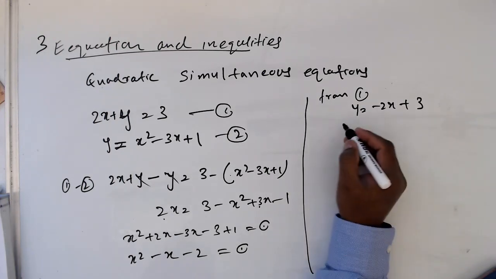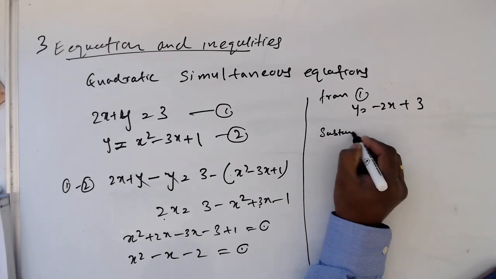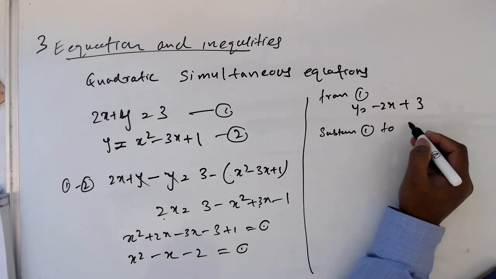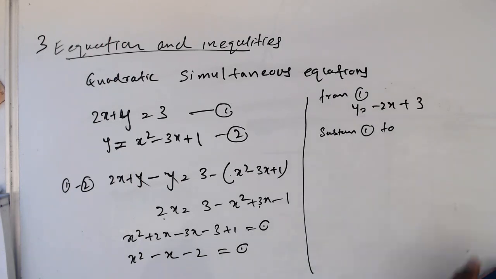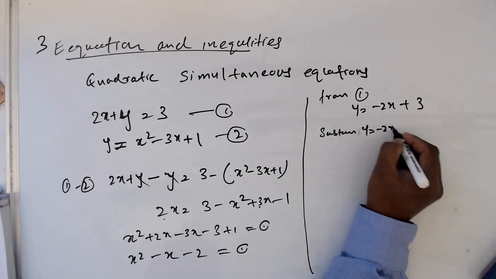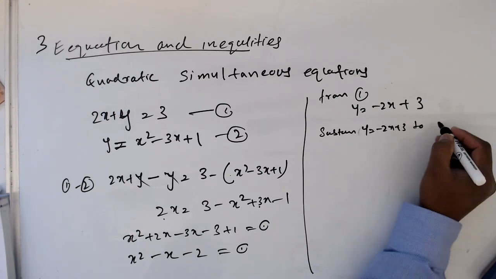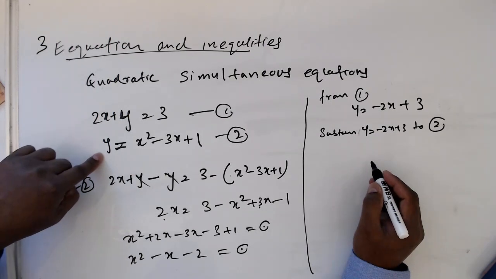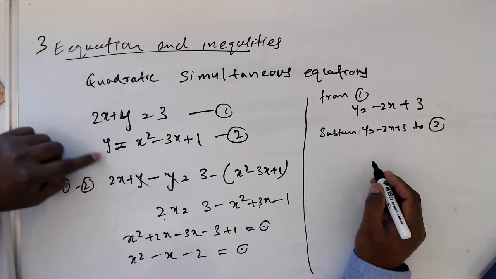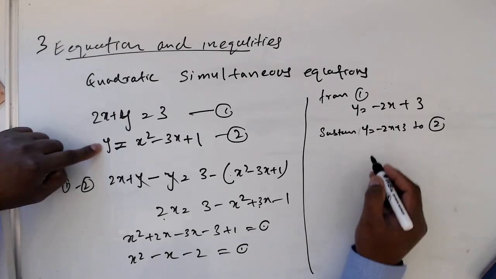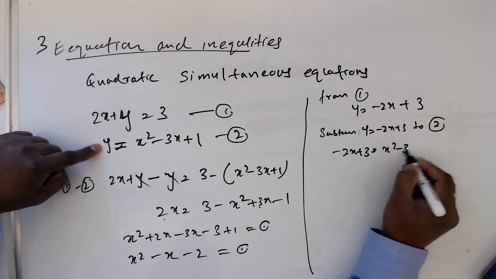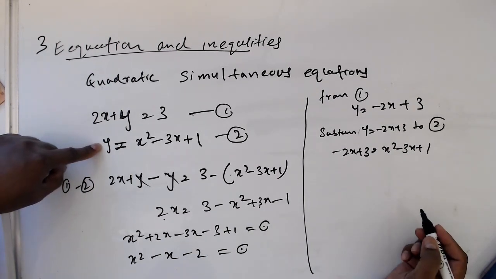Then substitute y equal minus 2x plus 3 into 2. So this is equation number 2. Instead of y, you are writing now minus 2x plus 3 equal x square minus 3x plus 1.